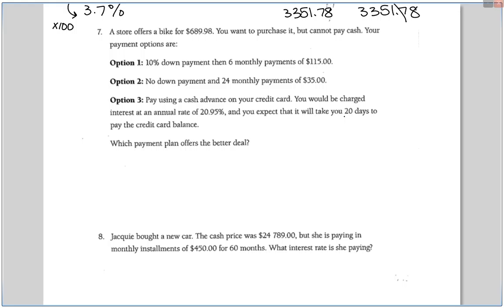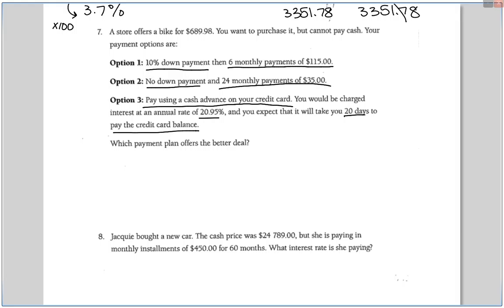Okay. So, you have a 10% down payment, and then 6 monthly payments of $115. So maybe the store is offering you various choices, and you're going to pick the choice. Option 2, no down payment, and then 24 monthly payments of $35. And then option 3, pay using a cash advance on your credit card. You would be charged interest at an annual rate of 20.95%, and you expect that it will take you 20 days to pay the credit card balance.